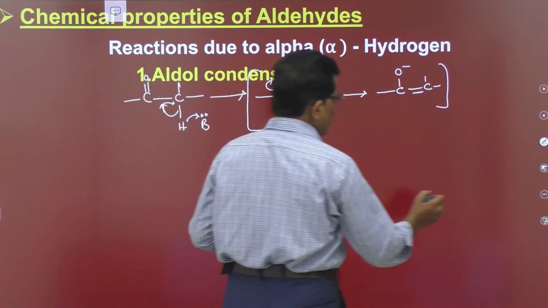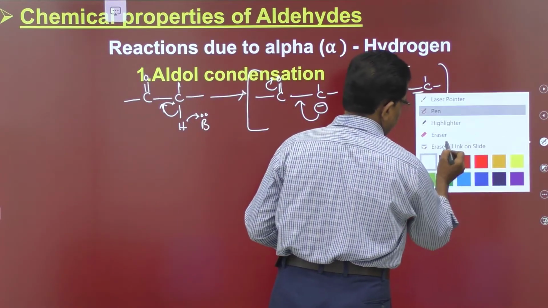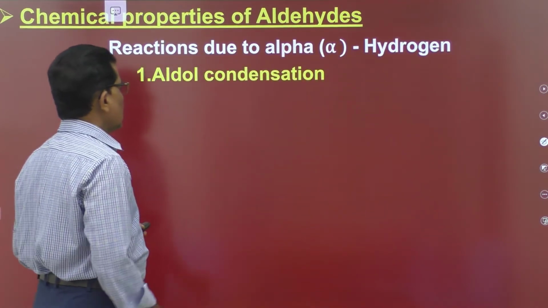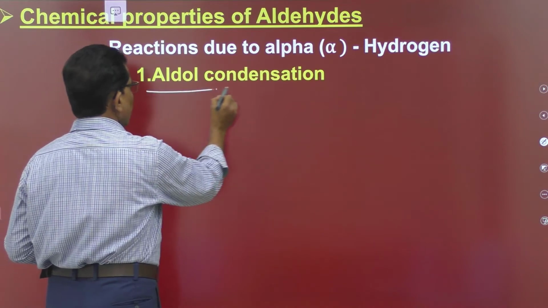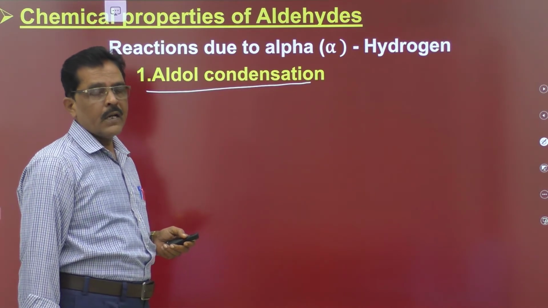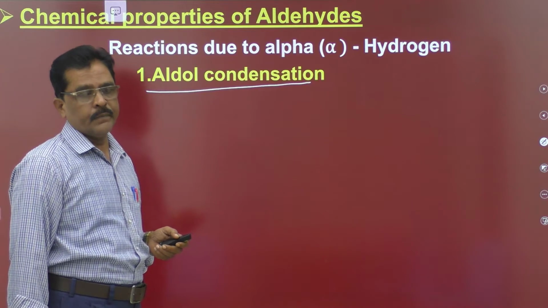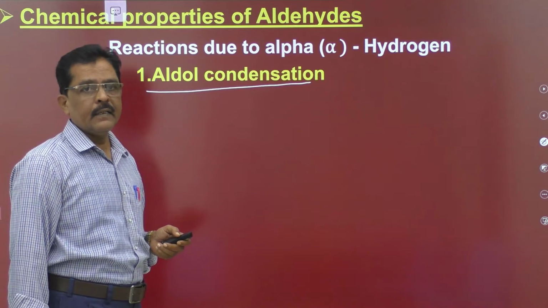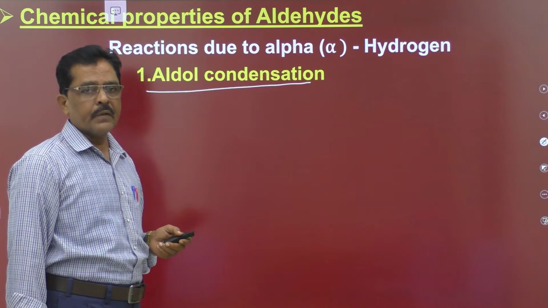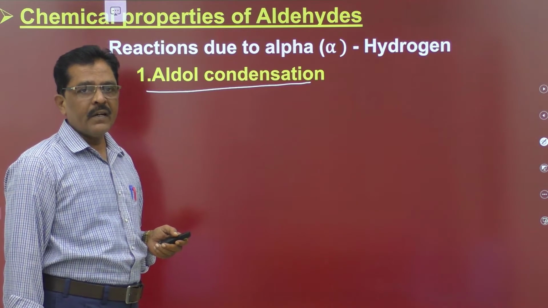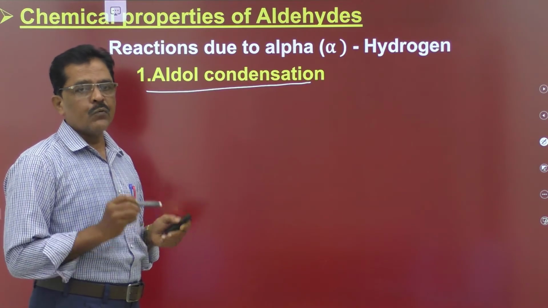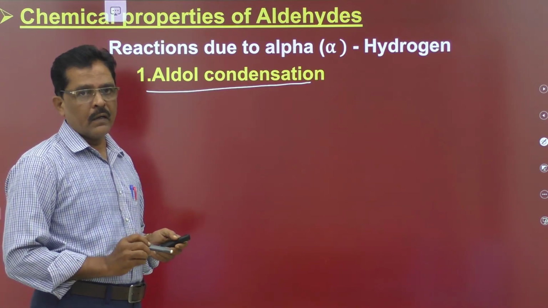Next one is aldol condensation. Those aldehydes having alpha hydrogen atoms, when heated with dilute NaOH or KOH, form a beta hydroxy aldehyde, which is called aldol.